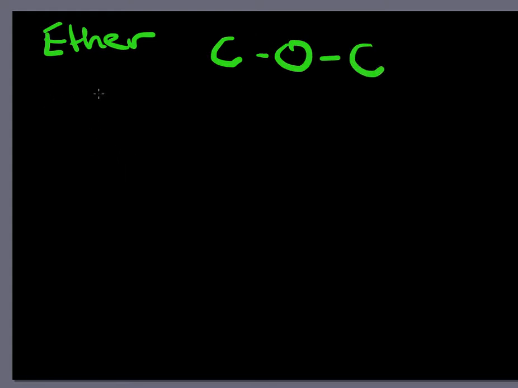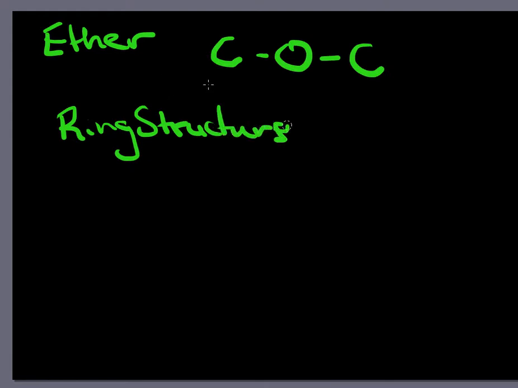So an ether group is an oxygen that sits between two carbons, and the reason why we talk about them mainly in carbohydrates is because carbohydrates we're going to talk about exist in rings, and they play an important role in ring structures.